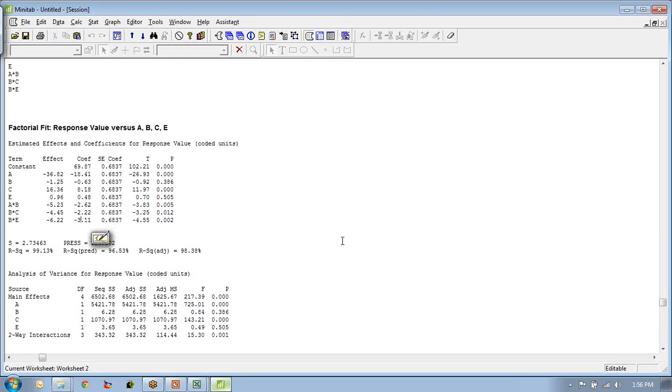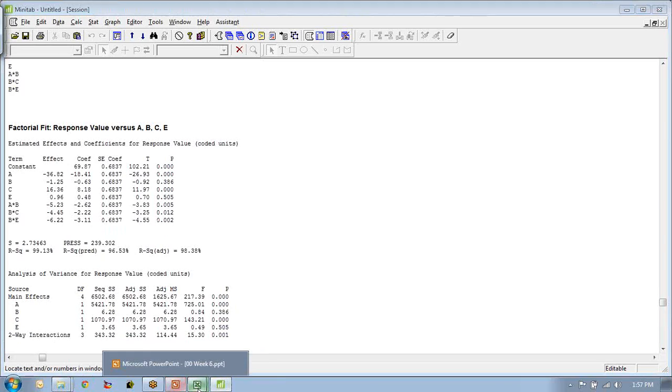And now I want to figure that out. I want to see which one gives me the minimum, right? Because I want to minimize my Y. So I want to plug in these values for A, B, C, and E such that I get a minimum value of Y. Okay? I'll let you struggle with that one a little bit, but that's how it works.